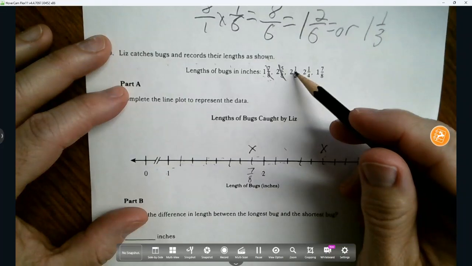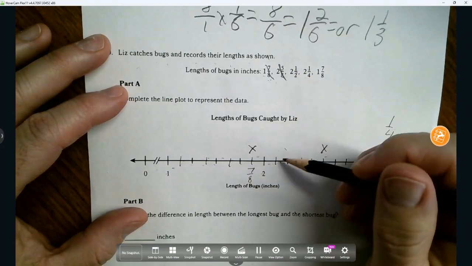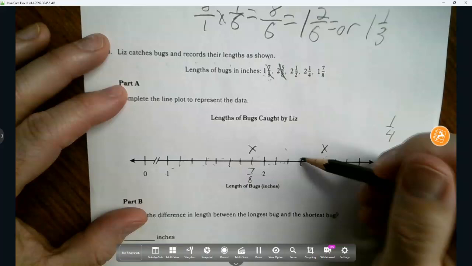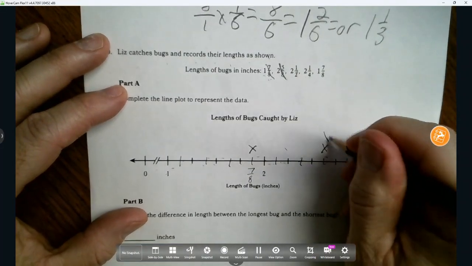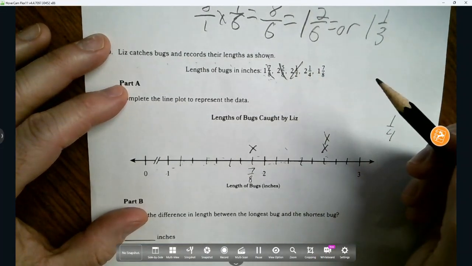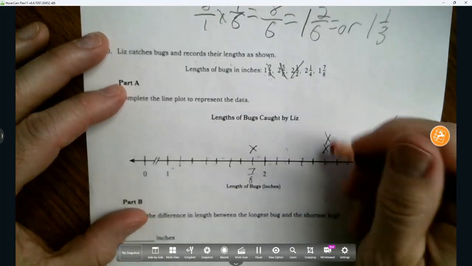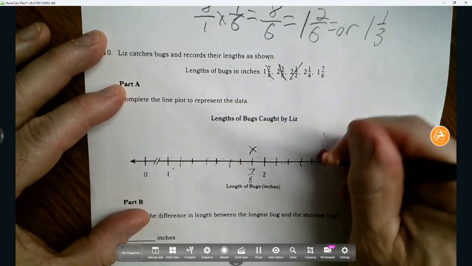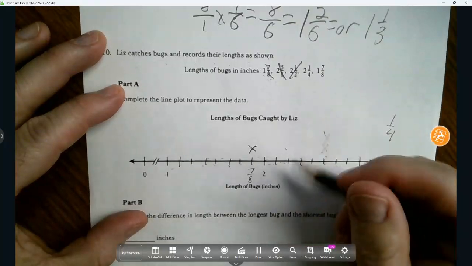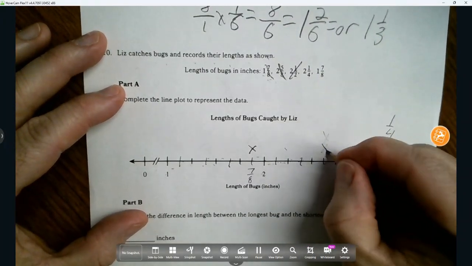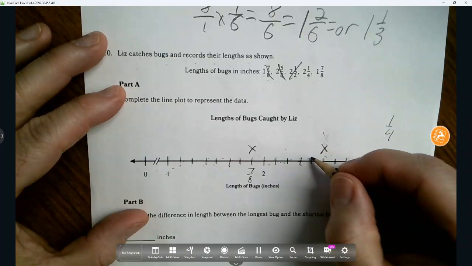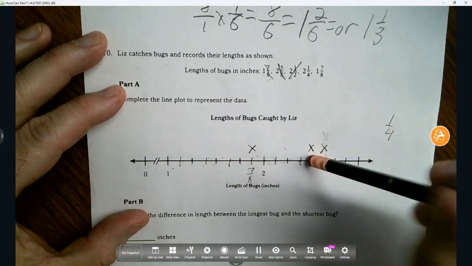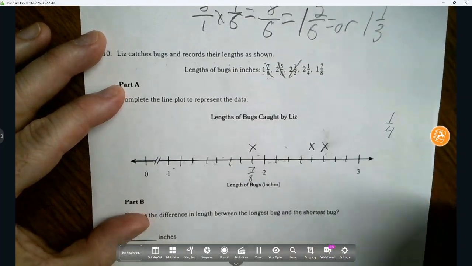So 2 1/2, it's a half, so half of 8 is 4. 1, 2, 3, 4. Oh, we're there again. Oh, wait, I'm sorry, I miscounted. 2 and 5/8, 1, 2, 3, 4, 5. The 5/8 was right there. 1, 2, 3, the 4 was right there. I apologize. There we go.